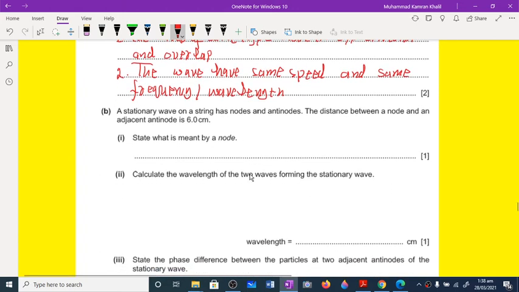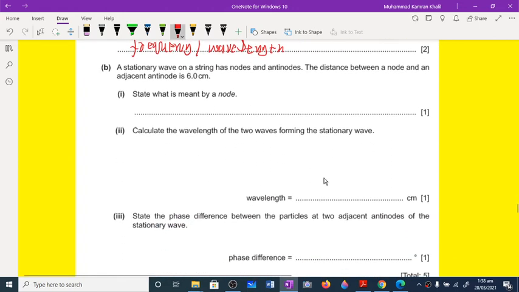A stationary wave on a string has the nodes and the antinodes. So now I will draw a wave. These points are the nodes, where the amplitude is 0. So these are the nodes N, while these points are the antinodes, AN. Now what is meant by node?